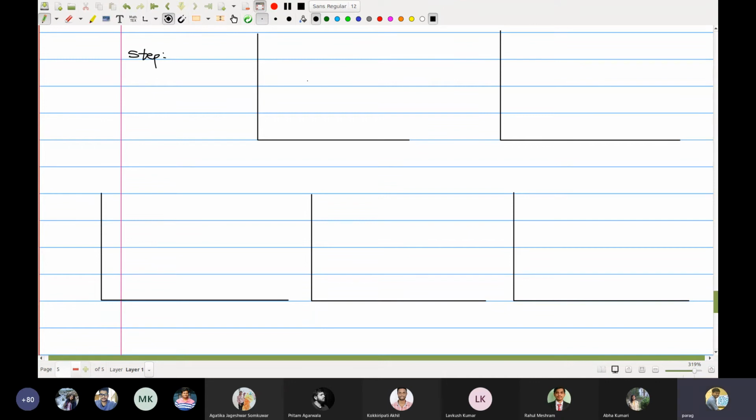It looks like this. How does the output look like? It looks like this. Fine. So then that means the moment you have a step input, you can predict what's going to happen, right?